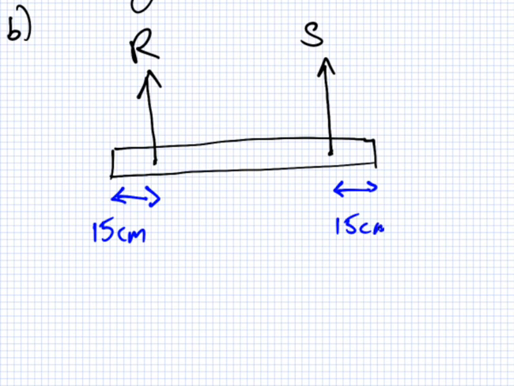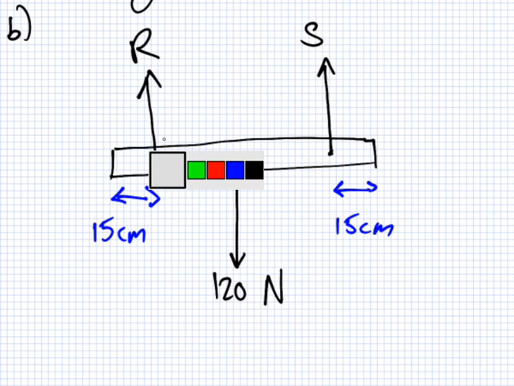So what they do now is, here is the shelf, and I think there are two brackets here, R and S, and you know, what's this distance? What did they say it was? 15 centimeters? Yeah.